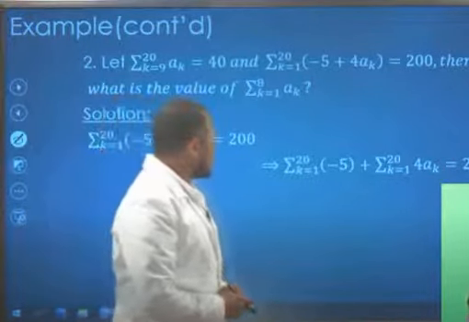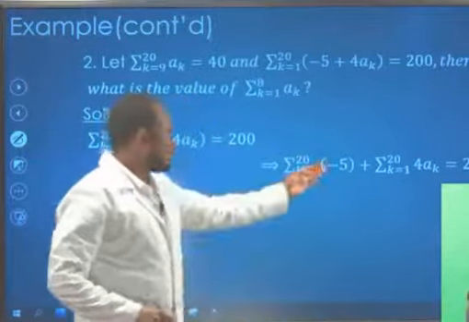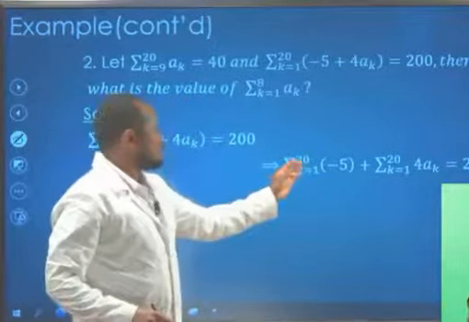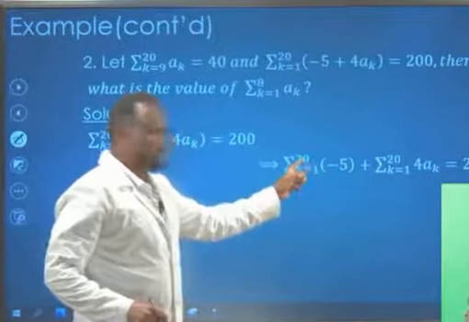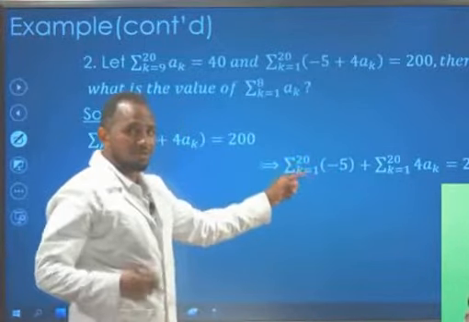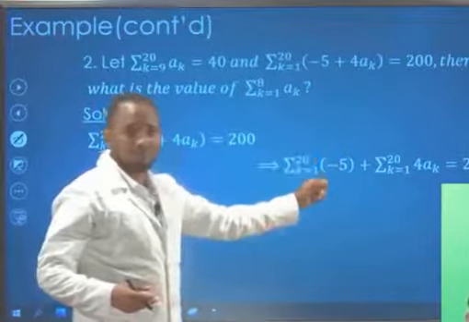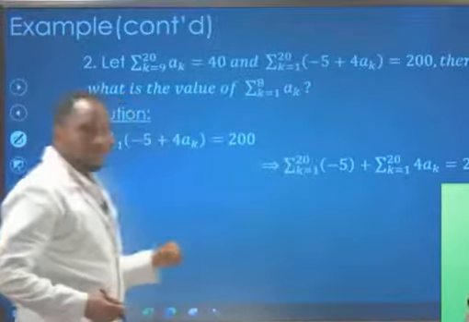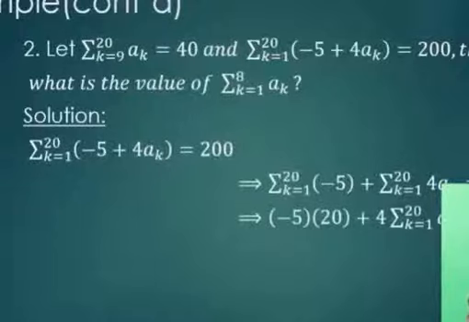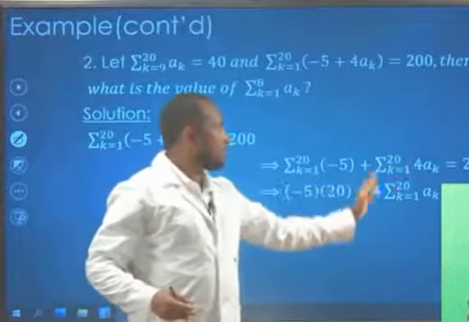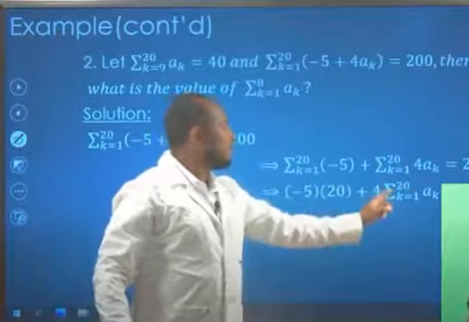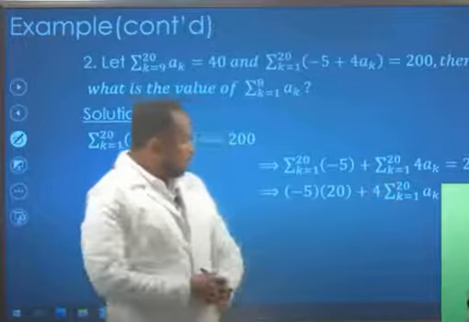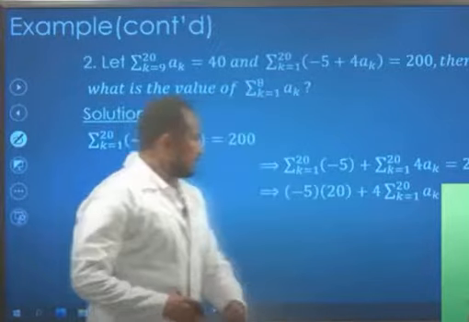Here -5 is a constant. So the sum means we take the difference, 20 minus 1 is 19, plus 1, 20. We have 20 terms of -5. So this will be -100, or -5 times 20, plus, you can take 4 outside from the summation, 4 times the summation of a_k, where k from 1 up to 20, is equal to 200.